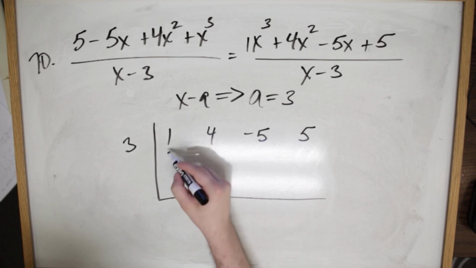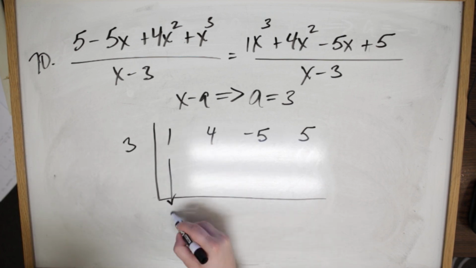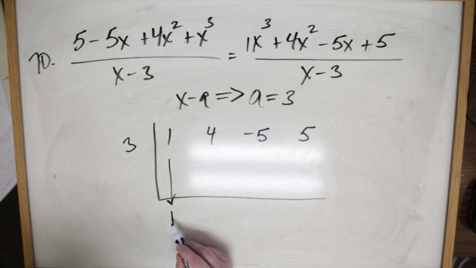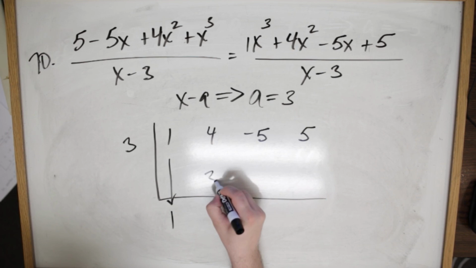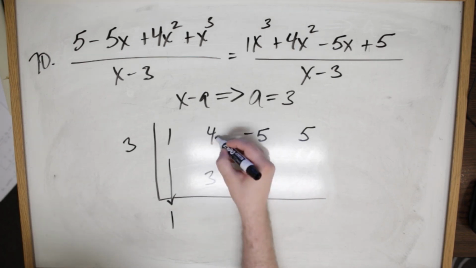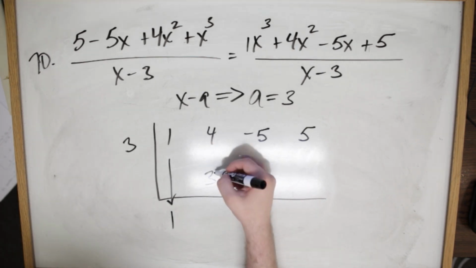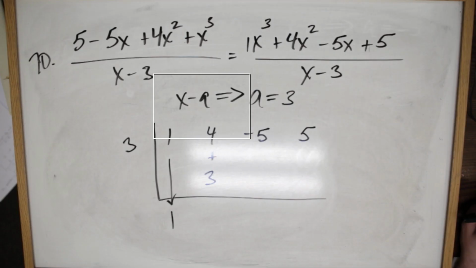The first thing we do is we drop the 1 straight down. Then we multiply by the 3. 1 times 3 is equal to 3. Then we add these together. All right.